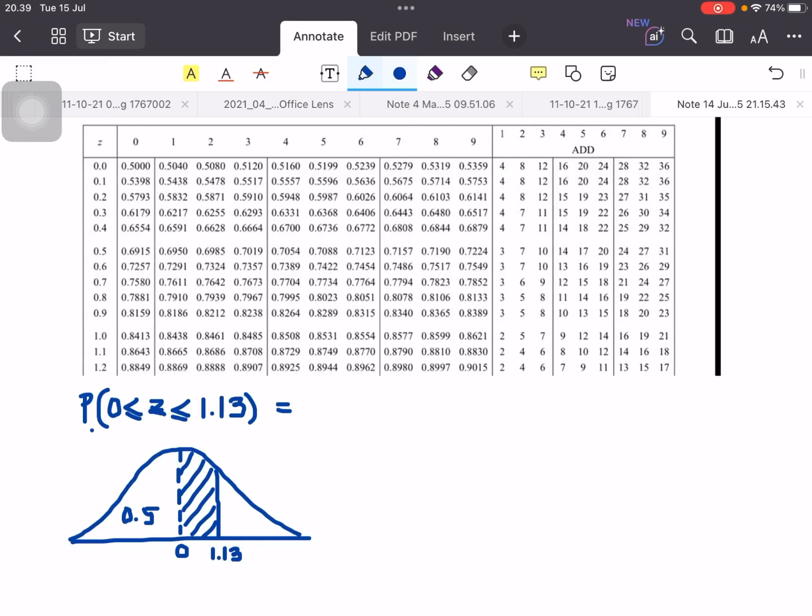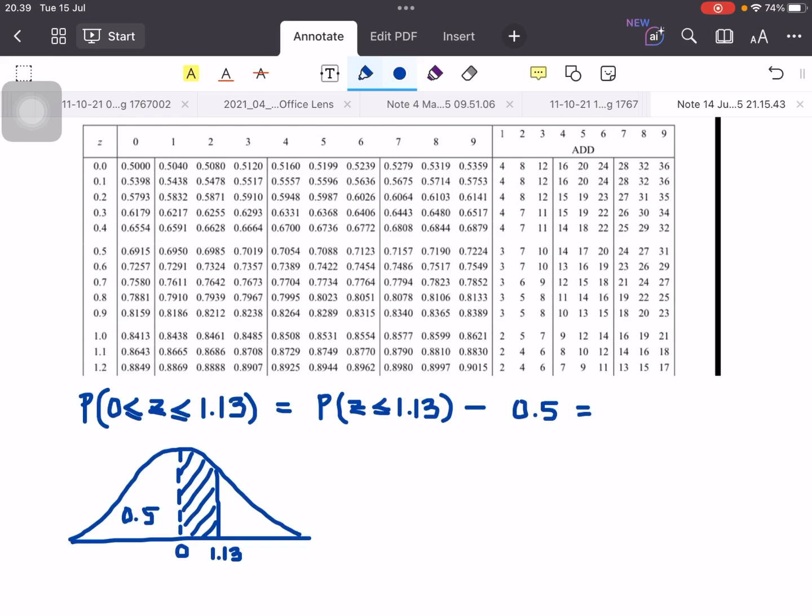So now to find the probability that z lies between 0 and 1.13, we can just subtract 0.5 from probability z less than or equal to 1.13. So probability z less than or equal to 1.13 minus 0.5.